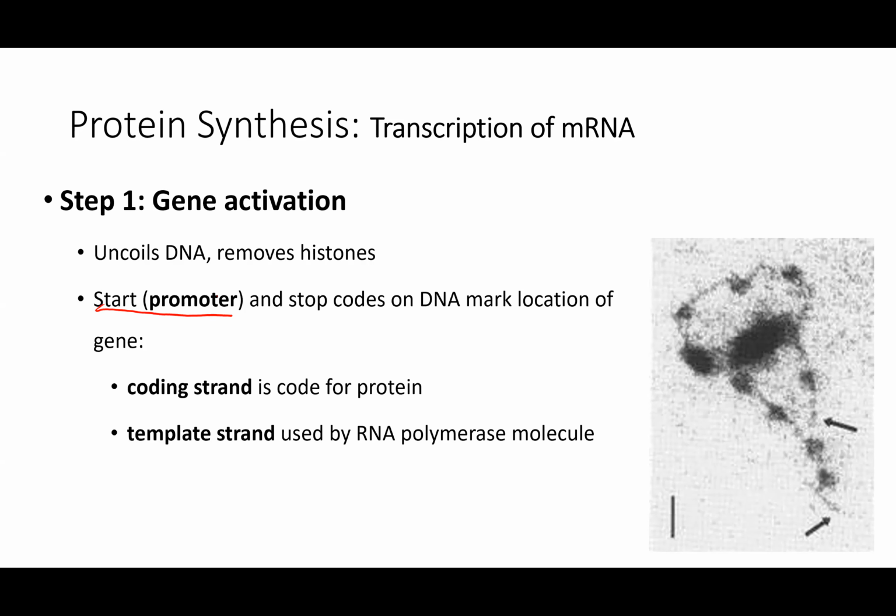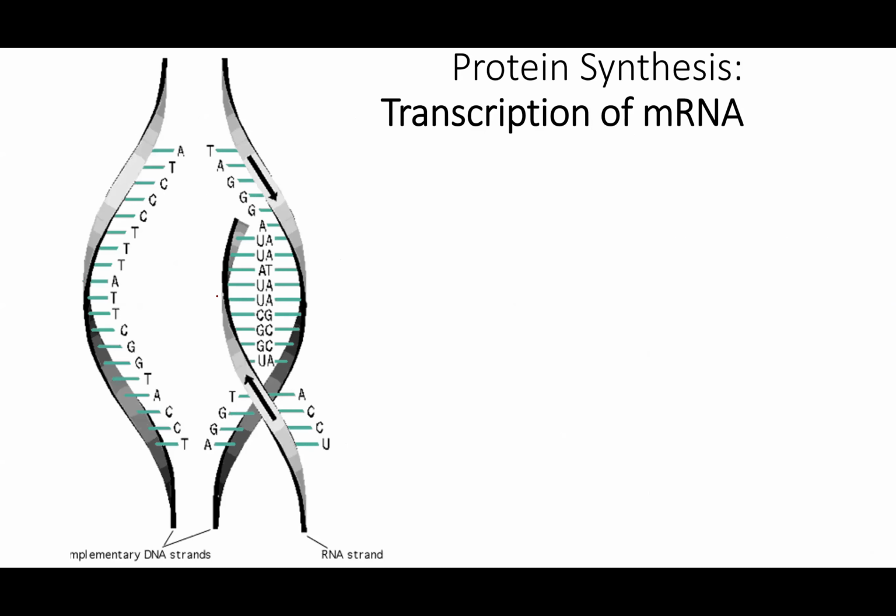You have a template strand that's used by the RNA polymerase. So there's a picture of RNA polymerase coming up. The RNA polymerase plays an important role in copying the language of DNA into the language of mRNA. So transcription happens in the nucleus. And what happens here is we are copying.